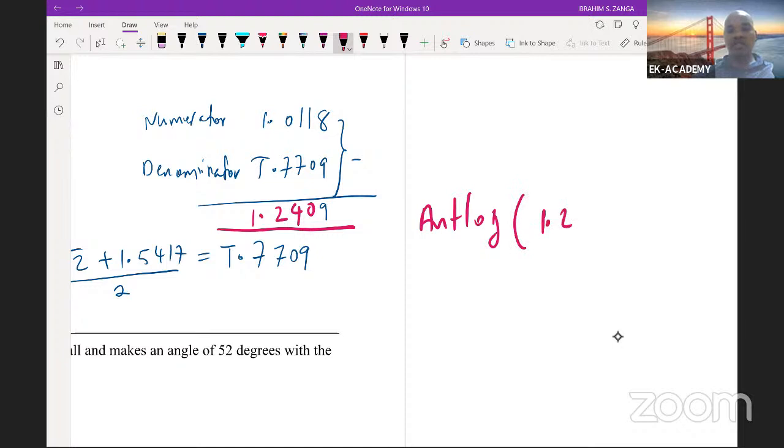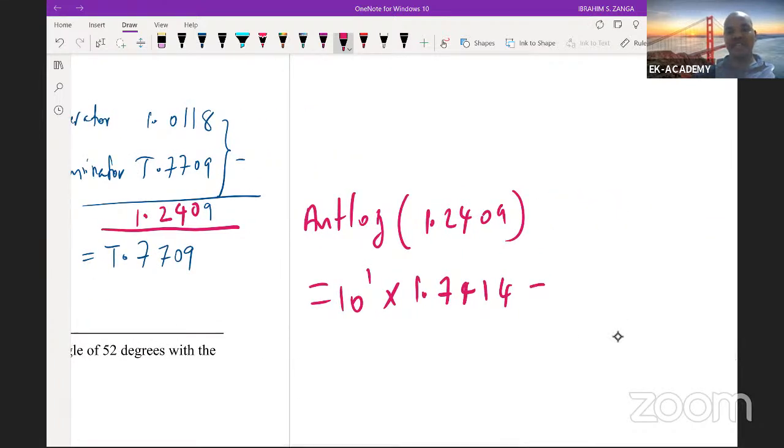The antilog of bar 1.2409 will be 10 power bar 1 times the antilog of 0.2409, which is 1.7414. When you multiply, the final result here will be 17.414.